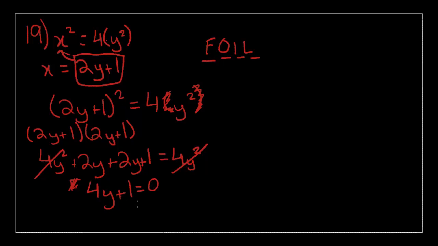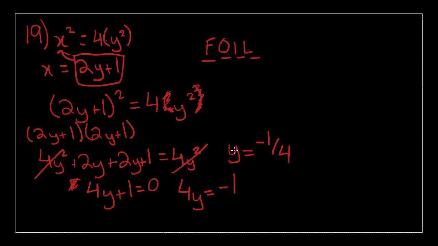It seems like I'm making a mistake. No, it's correct. Okay, so 4y will be equal to minus 1, and y is equal to minus a quarter. I apologize for getting kind of confused there. It is a little bit complicated, the FOIL method.